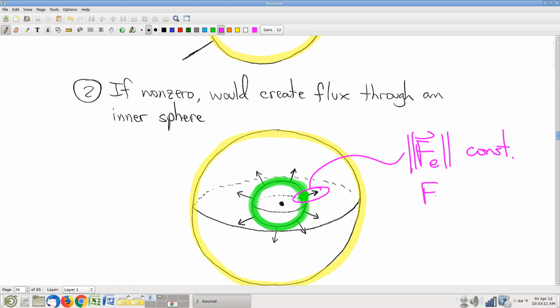And the field is perpendicular to the surface. And so grand total, the total flux, easy calculation, right? That flux is equal to the magnitude of the electric field times the area.